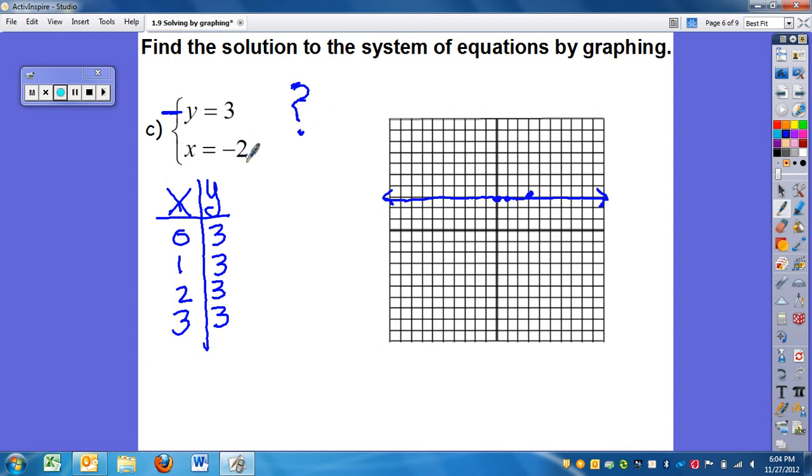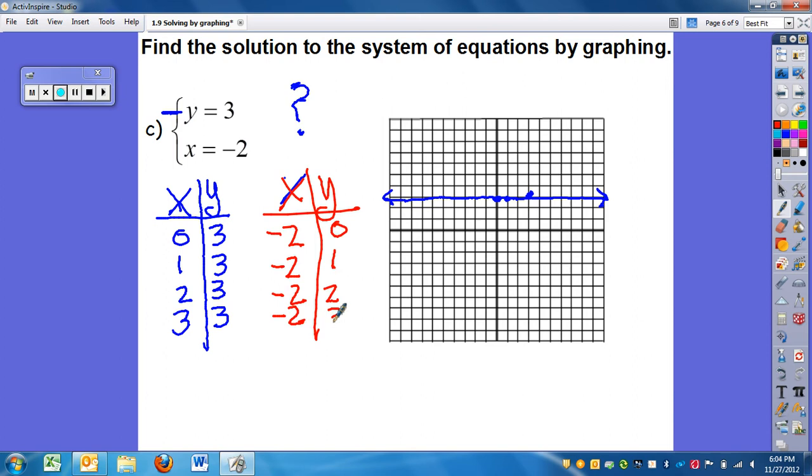Then on x, again, notice we're missing the y. So we're going to do a table of values. In here, x is -2. So just like with the y, I'm going to fill the x column with -2, and go 0, 1, 2, 3.